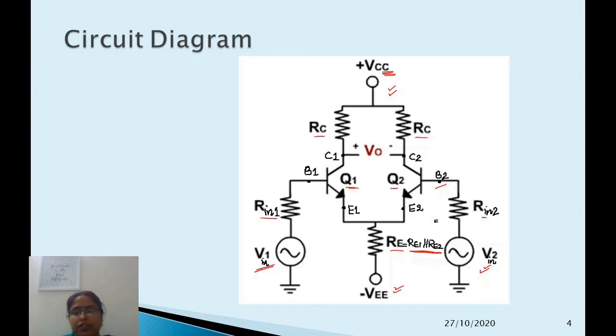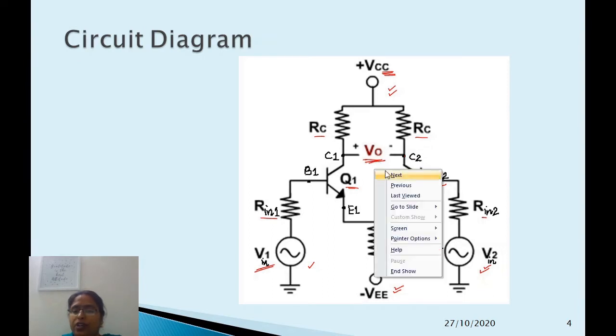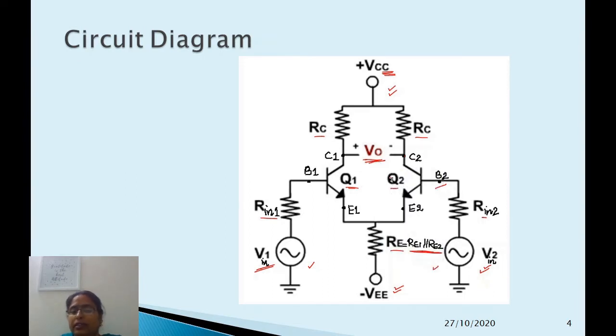In this basic circuit, we take the output from the two collector terminals C1 and C2 of both transistors, and the output is V0. Depending on the inputs and the manner in which we take the output, this forms the four configurations of the differential amplifier.